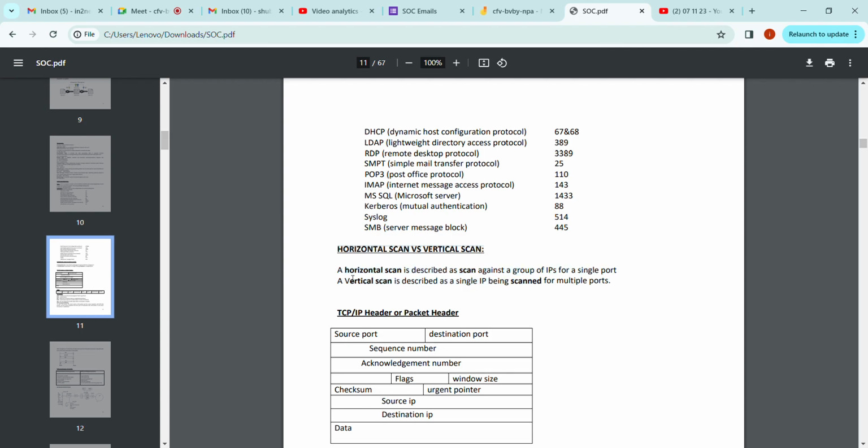Horizontal scanning means scanning against a group of IPs for a single port, so we have different hosts in a network.